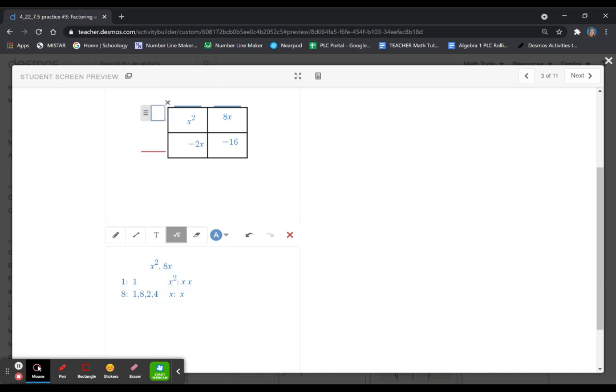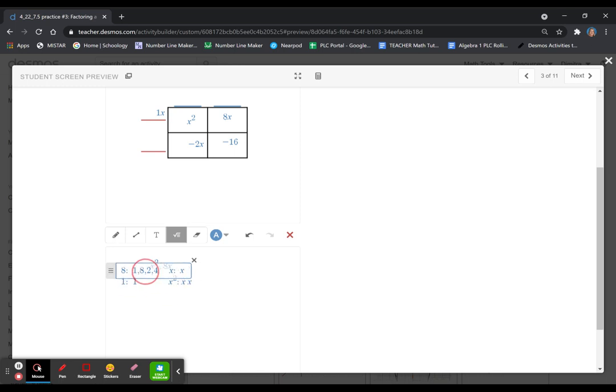So right here, we're going to put a 1. Now, my x squared and my x, both of these terms have an x in it. So my common factor is 1x. That's my GCD, because I'm going to take the GCD 4 times. All right, let's try the next row then.